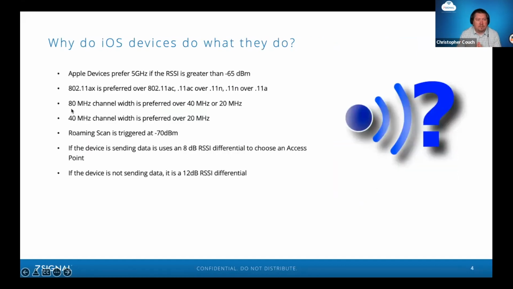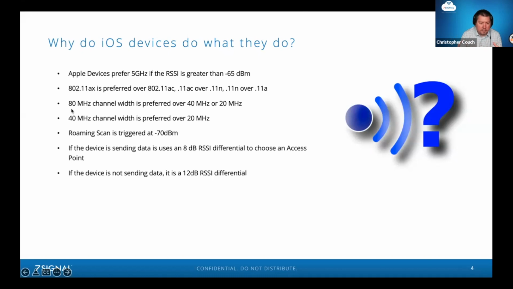So why do iOS devices do what they do? Well, if you go to Apple's website, there's an entire document on roaming in the enterprise, on how these devices actually function on the wireless. First off, Apple devices really try to prefer 5 gigahertz. If they see an RSSI greater than negative 65, they'll try to attach to a 5 gigahertz network.